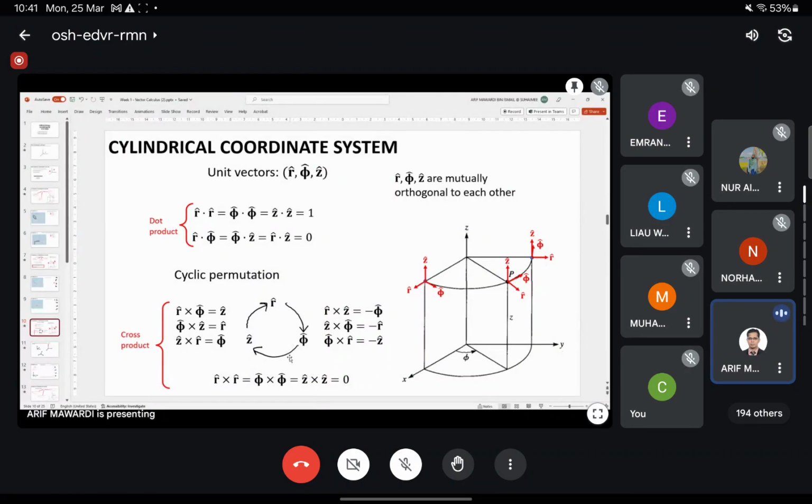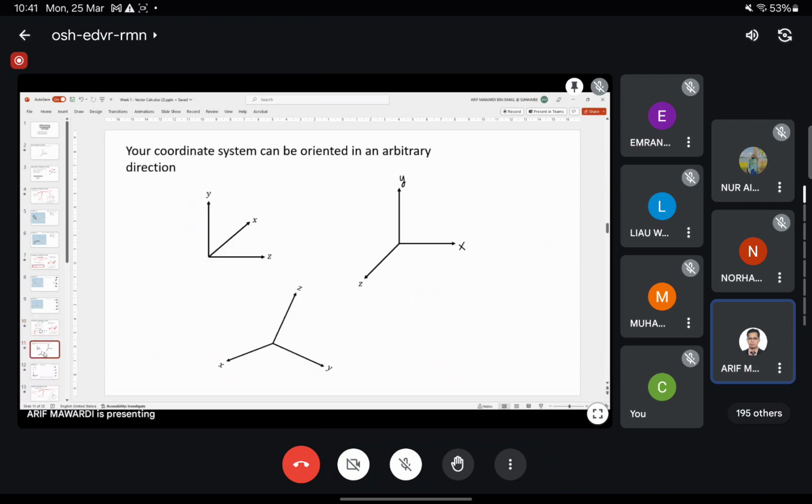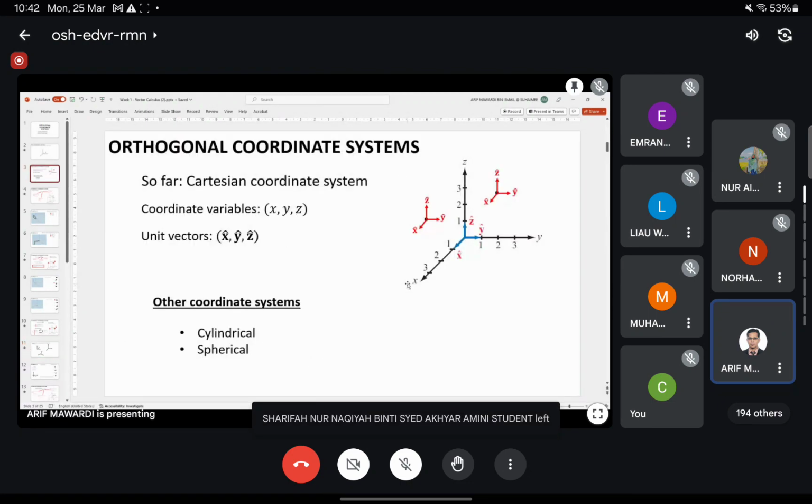You can use the cyclic permutation to determine the cross product between different unit vectors. Okay, so this is one that I skipped last time. So far we have seen that we always put x in this direction, and then y like this, and z like this.